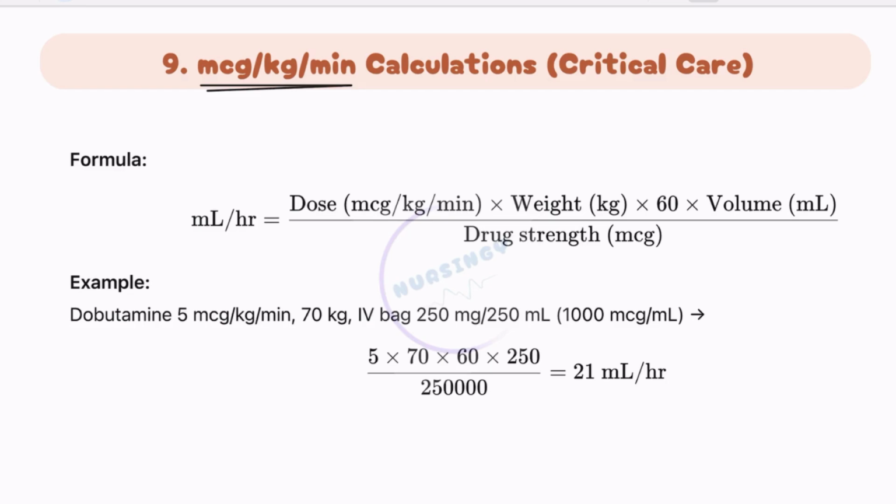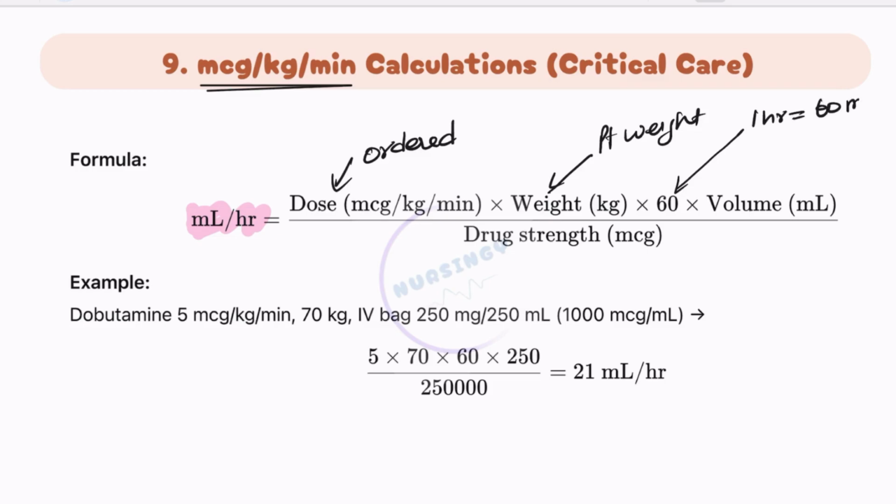To find out the ml per hour in critical care, you need the ordered dose, the dose that is ordered by the doctor, and then the patient weight, times 60, because we want it in hours. 1 hour is equal to 60 minutes.